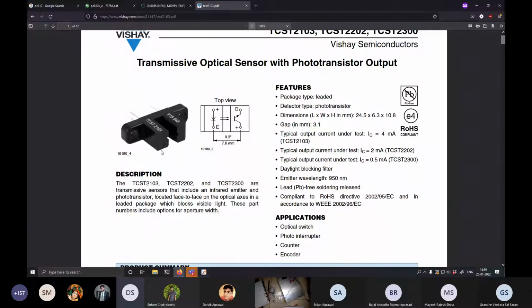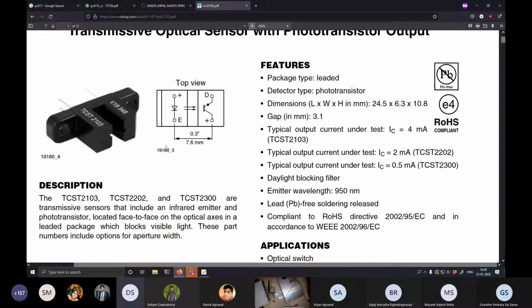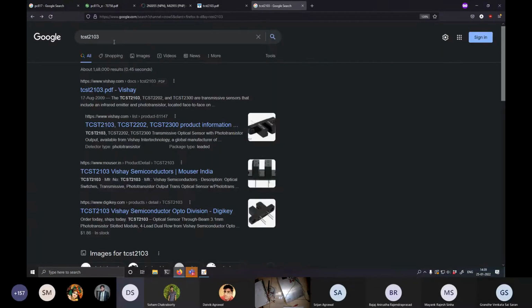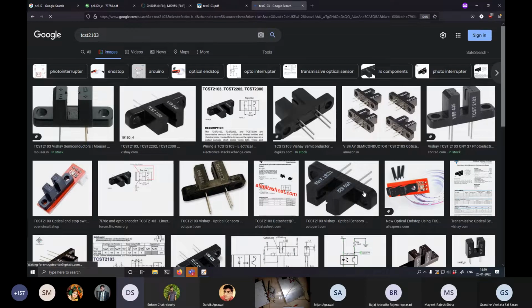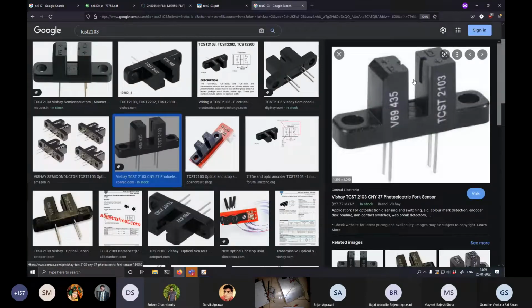Let me just show you another image of it. Yeah, this image is good. If you look carefully, there is a plus and an E on one leg, and on the other leg there is a D and a plus.